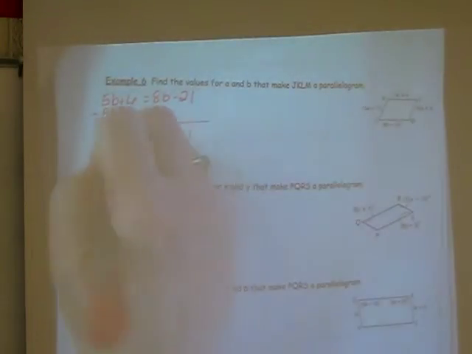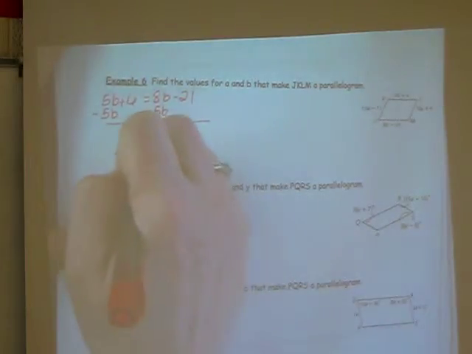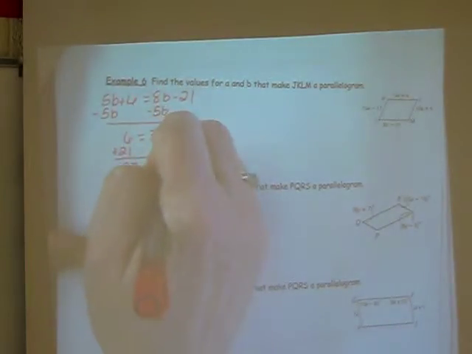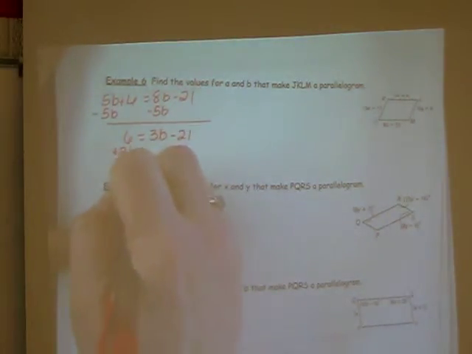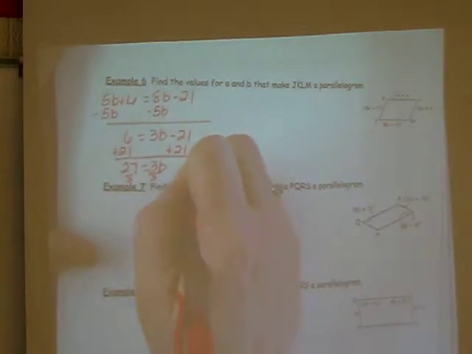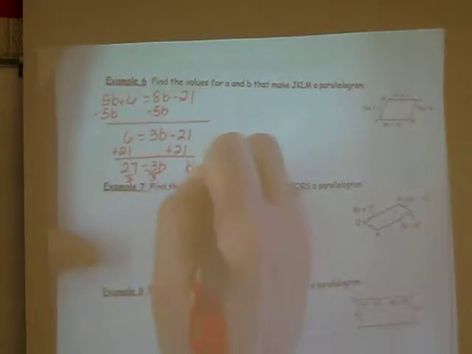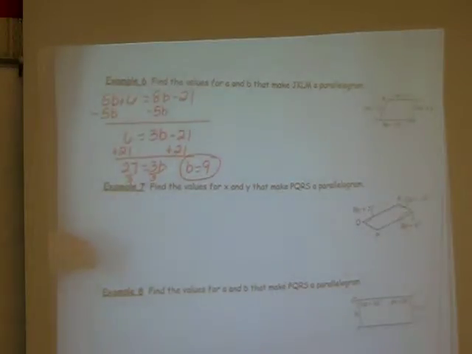If we add 21 to both sides, we have 27 equals 3B. From there, we divide both sides by 3, and you are left with B equals 9. So if B is 9, that shape is a parallelogram.